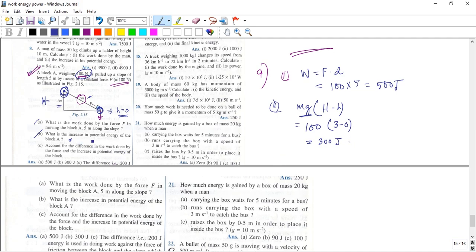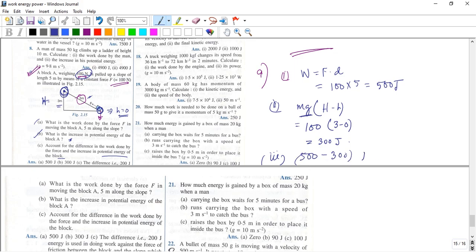And the final point, part C: what is the difference between the work done by the force and the increase in the potential energy of the block? Very easy. The difference is 500 joule minus 300 joule.